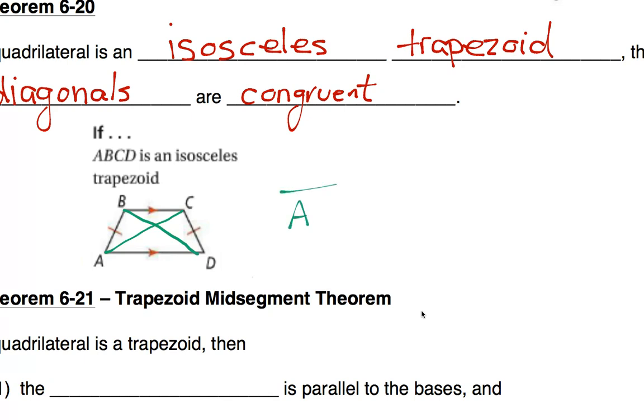So the measure of AC is equal to the measure of BD.